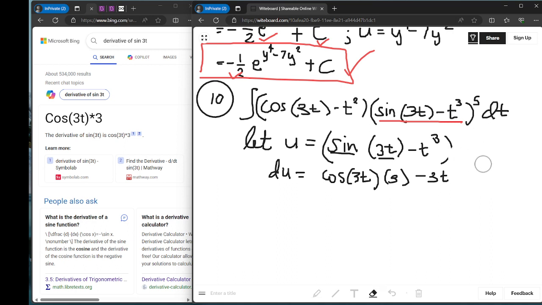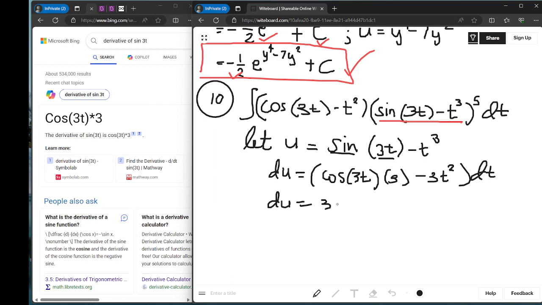Now I'll have to remove the dt here first. So this is 3t squared. Then this is now the time that we can have dt. If this is the case, then I guess we can solve the problem.